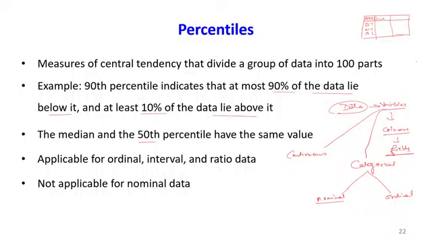For example, male or female. You cannot say that male is superior or female is superior. Both are independent and equivalent categories. Even the product categories, every category is independent. So in that case, those categorical columns are called nominal.